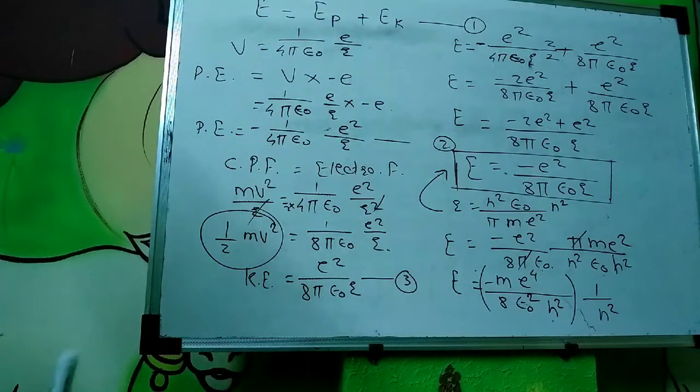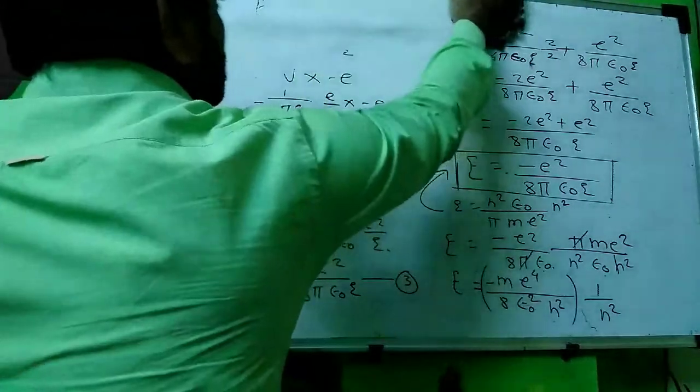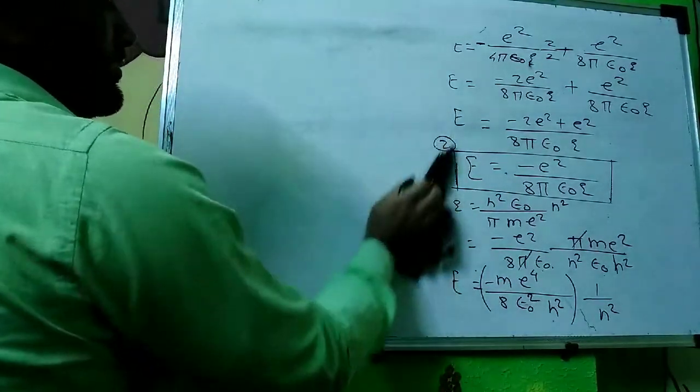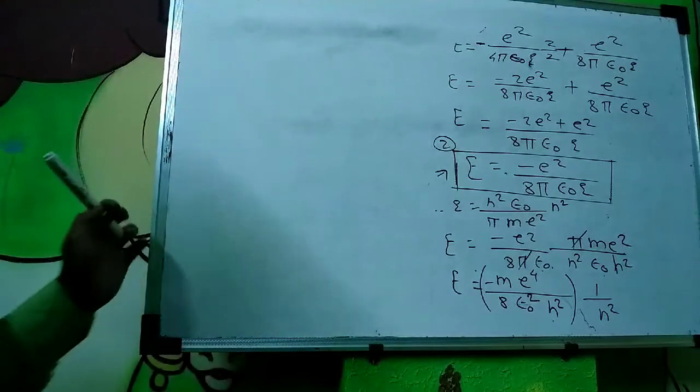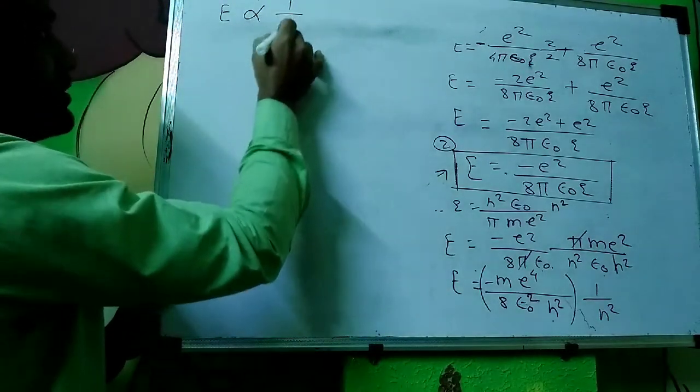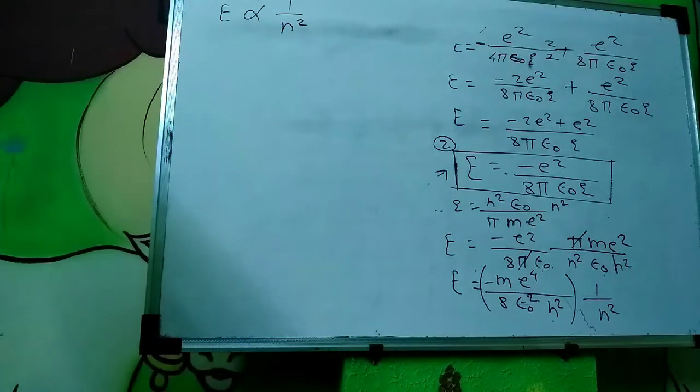Now from this equation, what can we conclude? We can conclude that the energy of the electron is inversely proportional to the square of the principal quantum number.